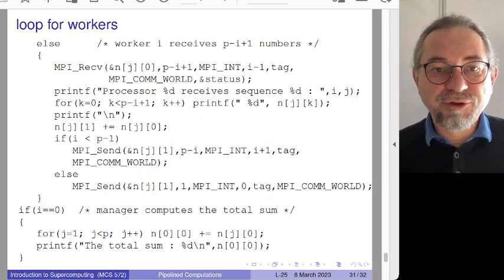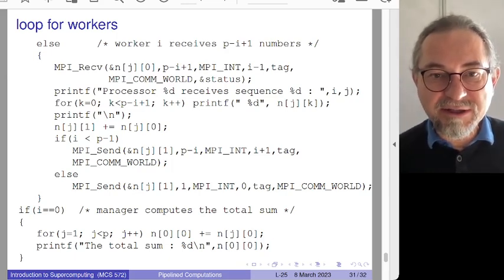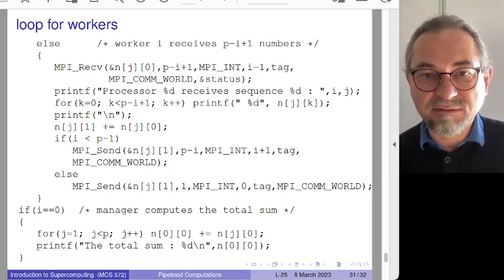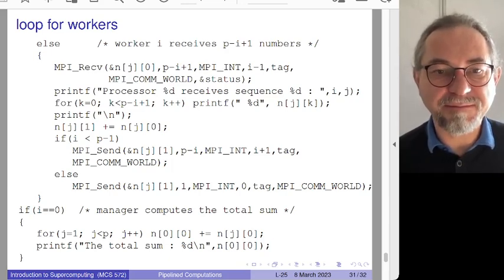Then what do the workers do? The workers receive numbers, and it's in the hierarchy. So the farther that you are in the pipeline, the fewer numbers you actually receive each time. You do the addition.